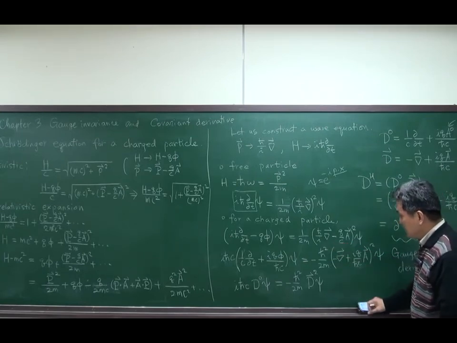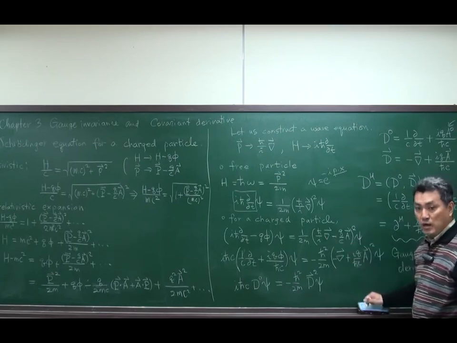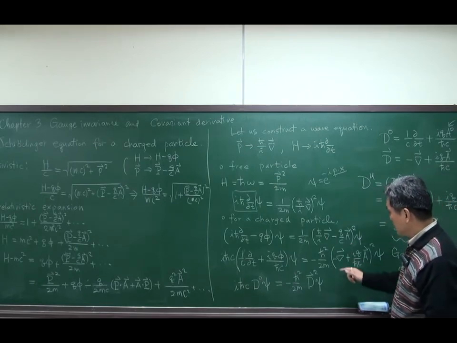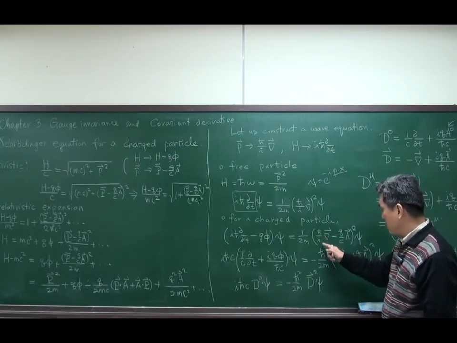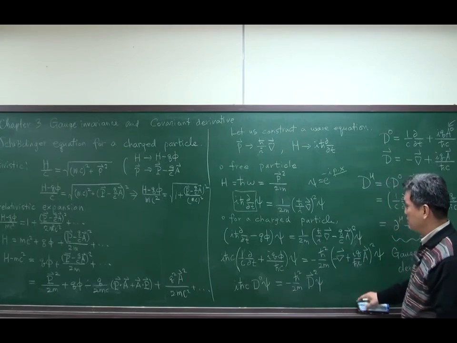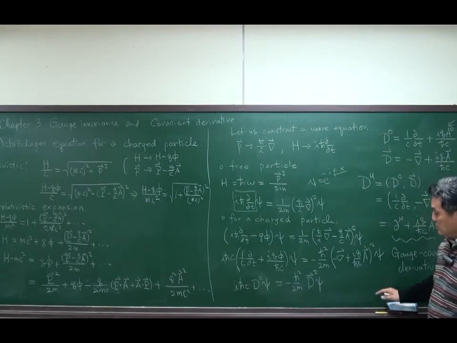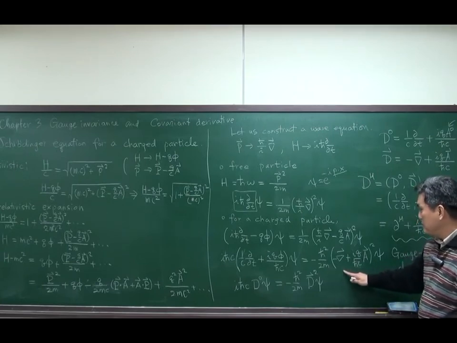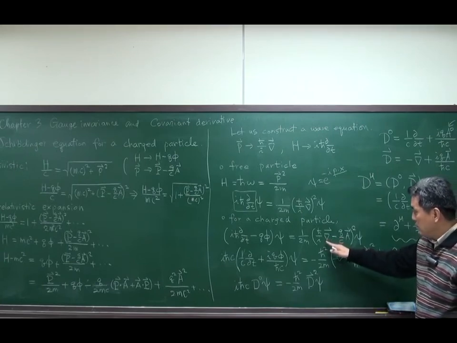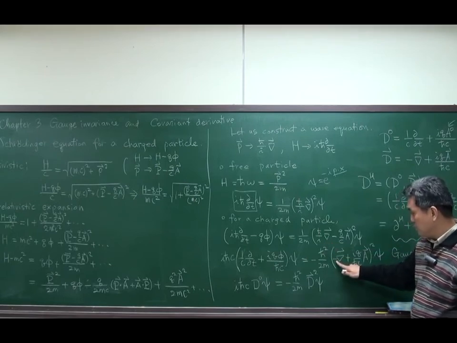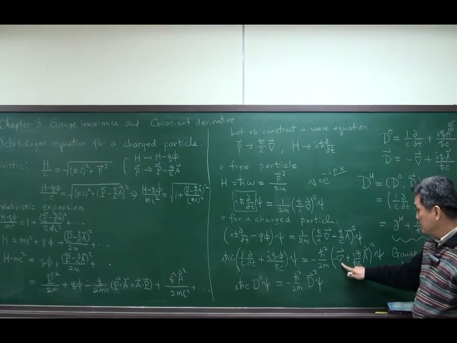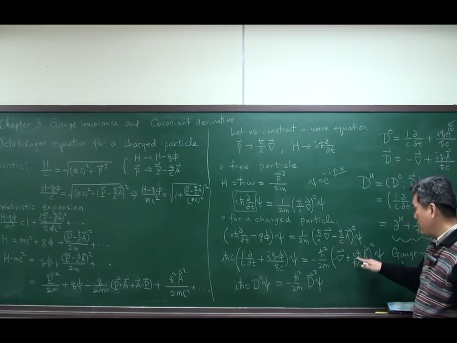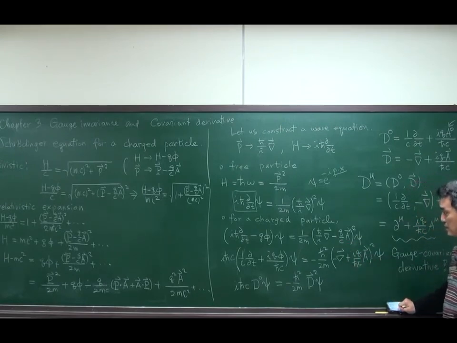In here, it is usual to pull this h bar squared out, so we just pull out this h bar over i in front of the parenthesis. Then we have minus h bar squared over 2m, open the parenthesis. For convenience, let me just put this negative sign on it, minus gradient, and then it becomes a plus i q over h bar c.